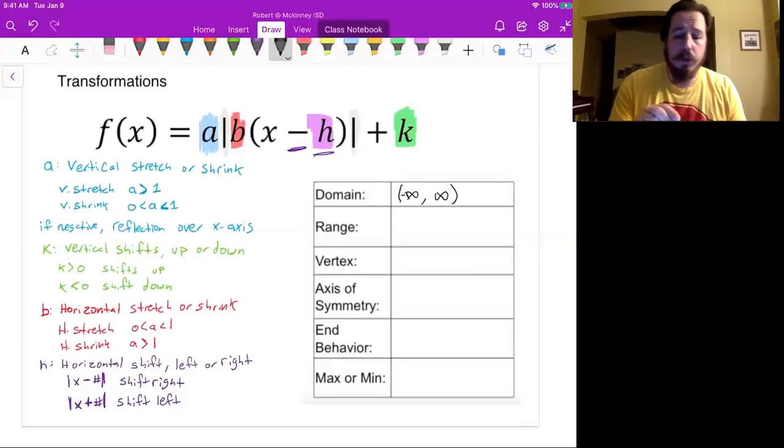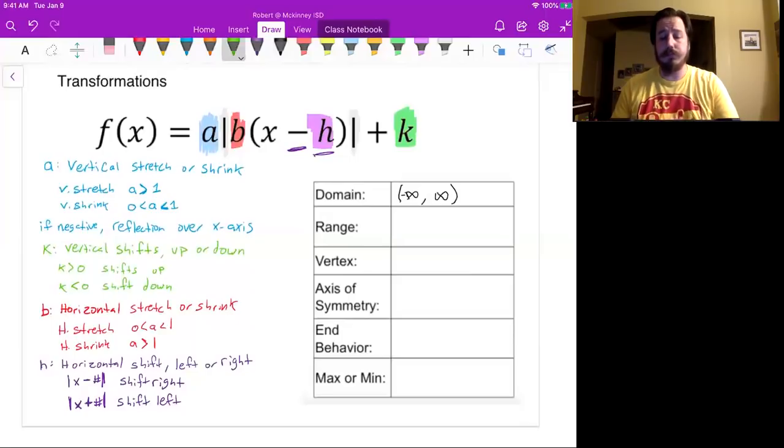Okay, your range, well, your range is dependent on two things. The first one is your K value. That is one of the main things that'll depend on. The other one is your A value on whether it reflected or not. So whether it normal opening upward facing V, or if it reflected and is now a downward facing V.